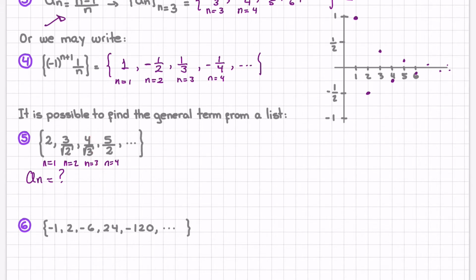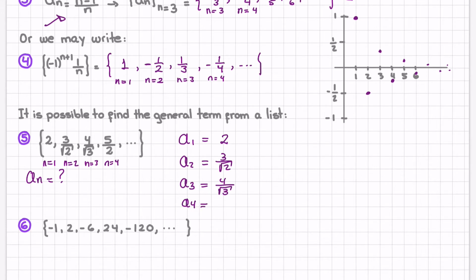So the tactic here is, well, let's see. We want a1, a2, a3, and a4. Those are the first terms that are given. We start working with that. So the first guy is a 2. The second guy is 3 over root 2. Third, 4 over root 3.